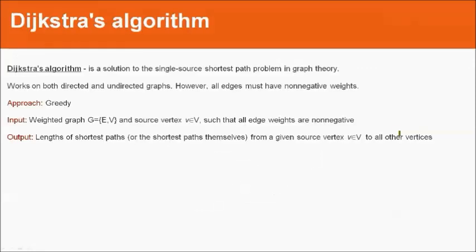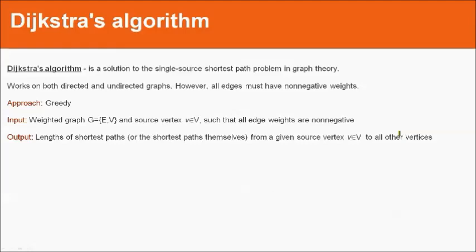Dijkstra's algorithm is a solution to the single source shortest path problem in graph theory. It works on both directed and undirected graphs. However, all edges must have non-negative weights. The approach is greedy; it uses a greedy algorithm also.